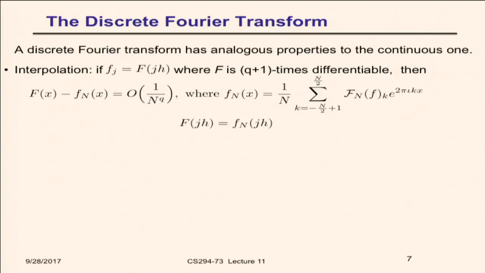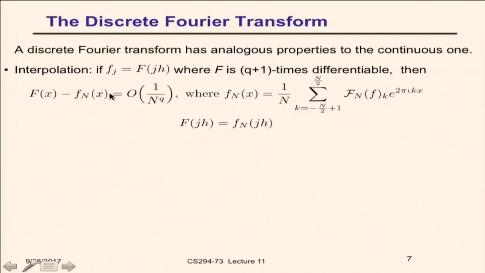So discrete Fourier transforms have analogous properties to the continuous one. For example, if f is some q plus 1 times differentiable and periodic function, and little f_j is big F evaluated at grid points, then consider f minus f_n of x.